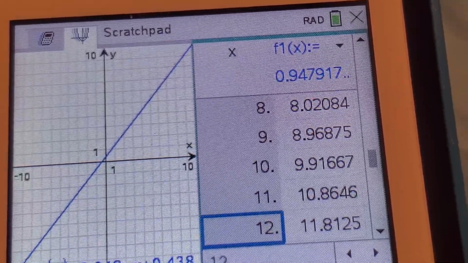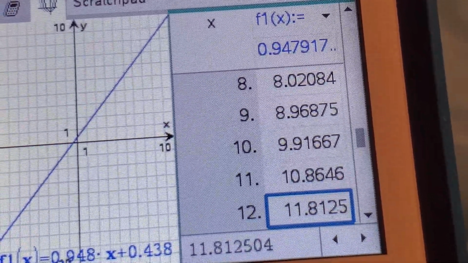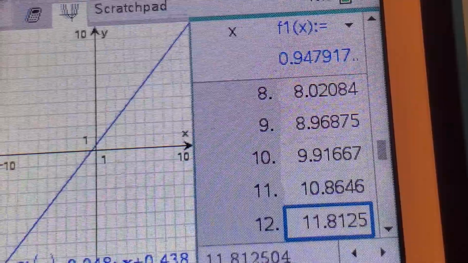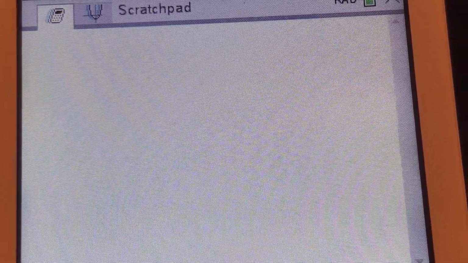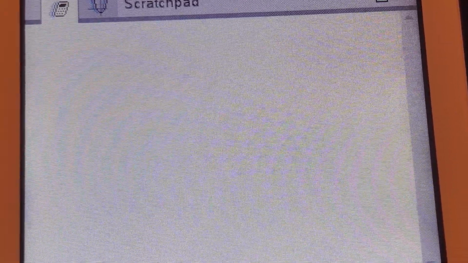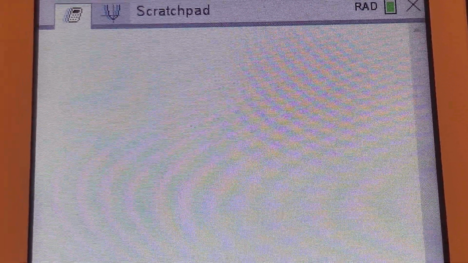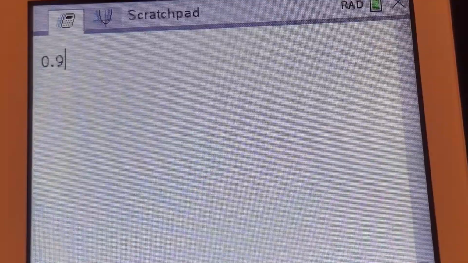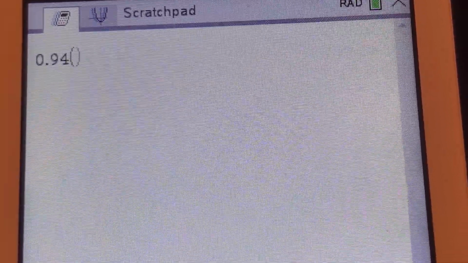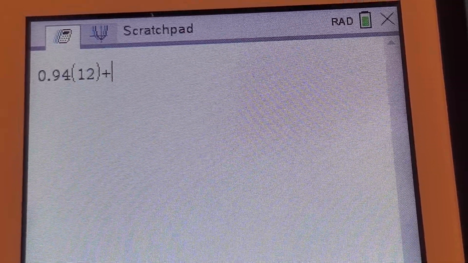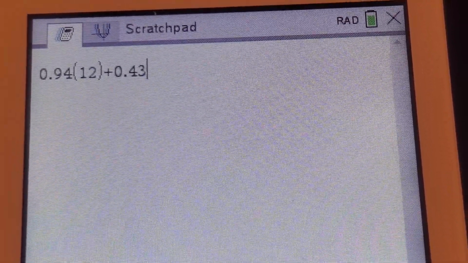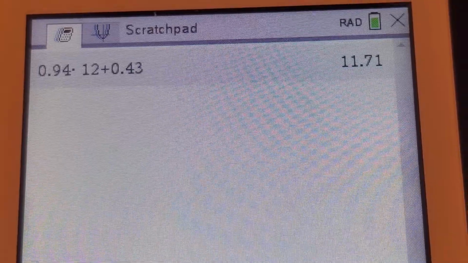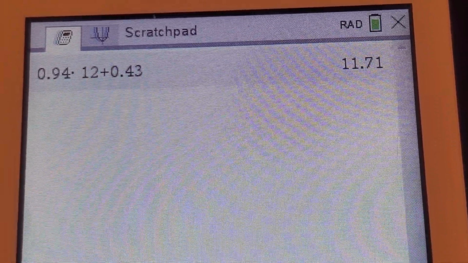At X equals 12 hours worked, he would most likely make about 11.8 in tips. Another way to do it is just replace the X with what you want to figure out, because X is a variable for number of hours. So you could just shorten it down: 0.9412 for 12 hours plus 0.4375, and that would give you 11.71, which is pretty close, especially since we are simplifying it.